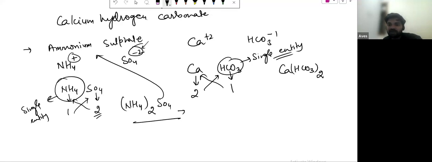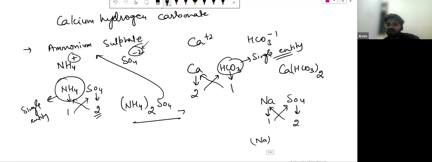For example, if I'm writing sodium sulfate, sodium has valency 1 and SO4 has valency 2. In this case, Na is only a single entity, so we don't need a bracket.